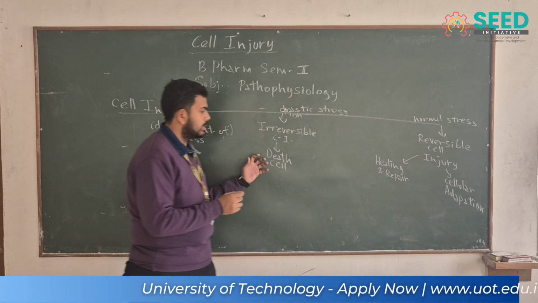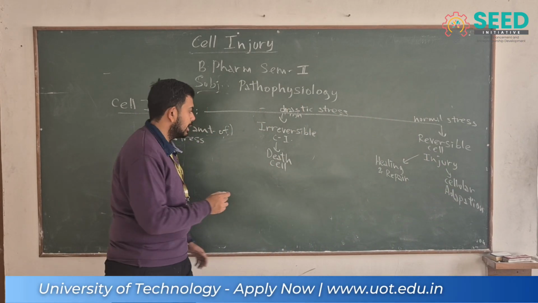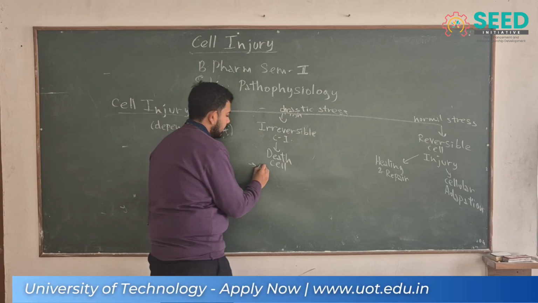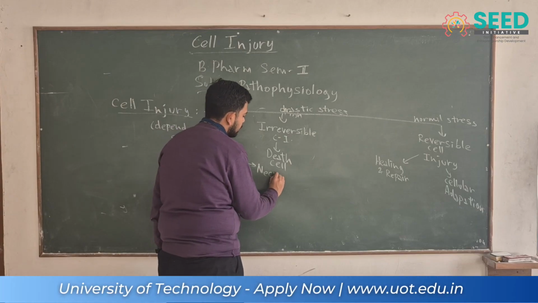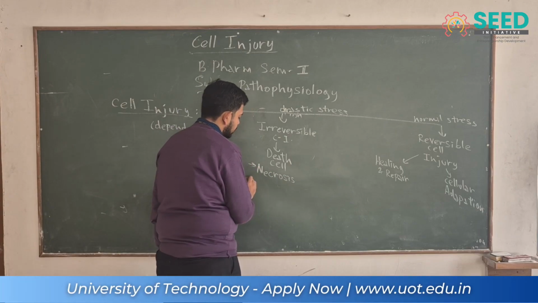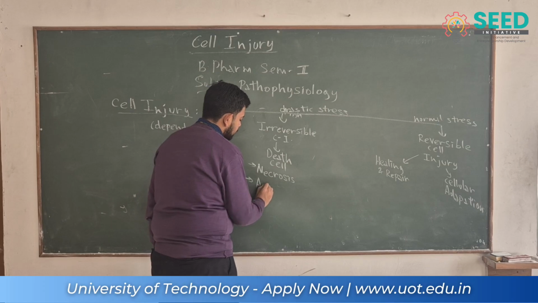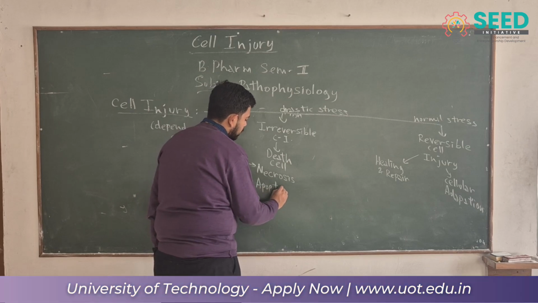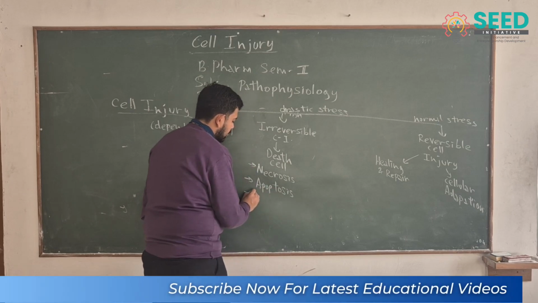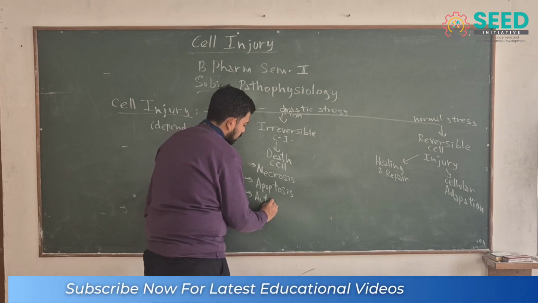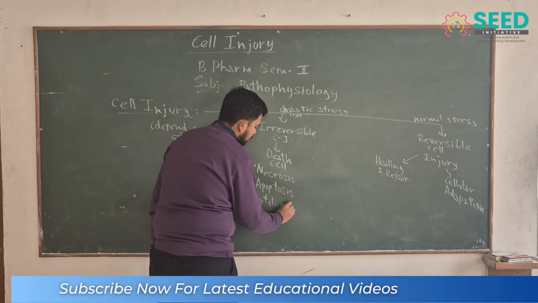Coming to the cell death types and cellular adaptation types. Cell death is of three types. One is necrosis, second is apoptosis, and last is autolysis.